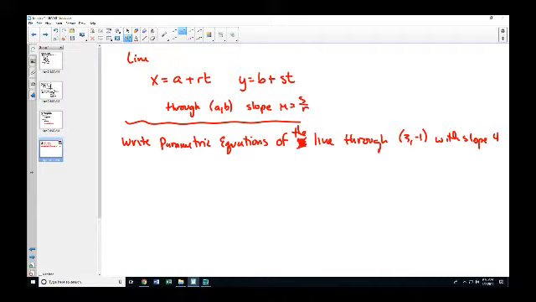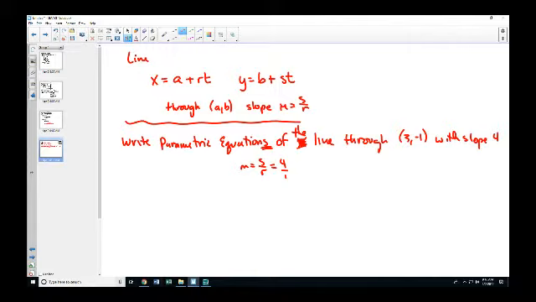So if the slope equals 4, s and r can literally be anything. You can choose. If the slope is 4, you have 8 over 2 or 16 over 4, or 4 over 1. So we can choose 4 over 1.